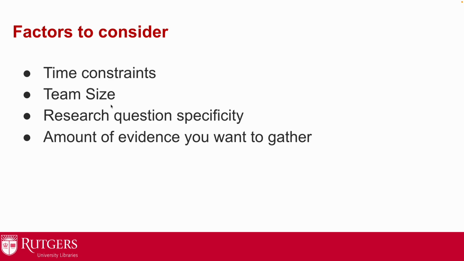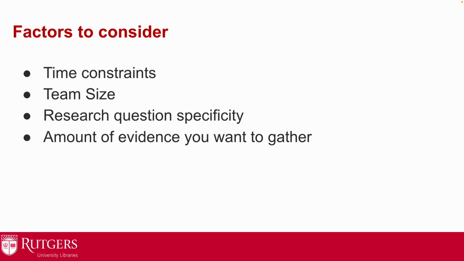Now we've gone through all the different types of reviews and the different elements that might make up your choice of what type of review is right for your project. To recap, your review type depends on 4 things: time, team, topic, and type. So time constraints: do you have enough time to complete a really methodologically rigorous review that follows the standards of reproducibility that are accepted within scholarly evidence synthesis work?